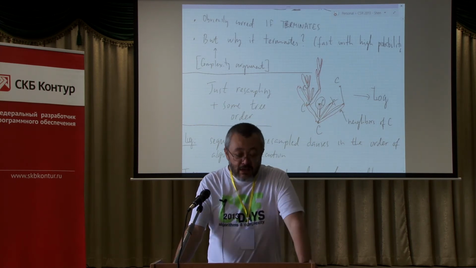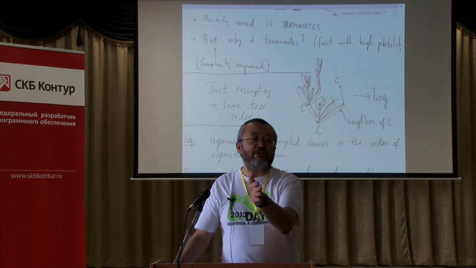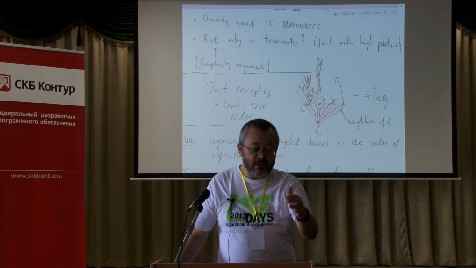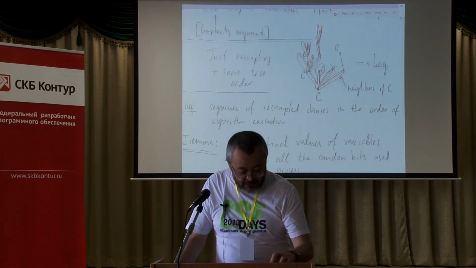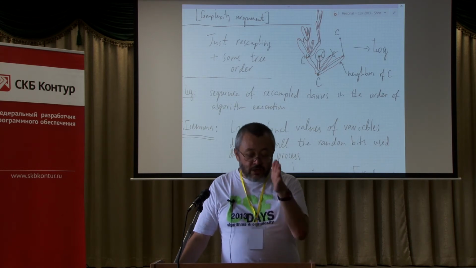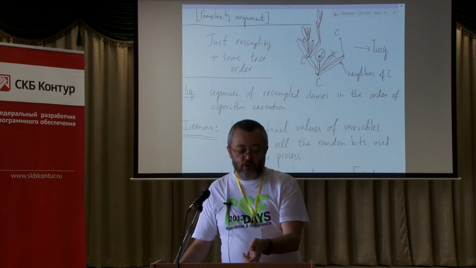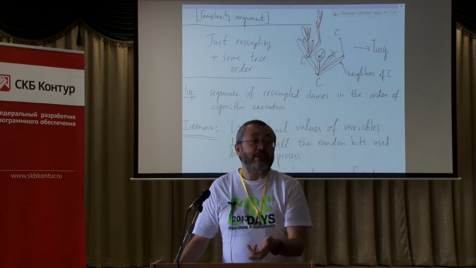While watching how this procedure goes, what it calls, we write two things. First, we write a log. The log is just which clauses were resampled. And there is a more detailed version of the log, in the form of a tree.